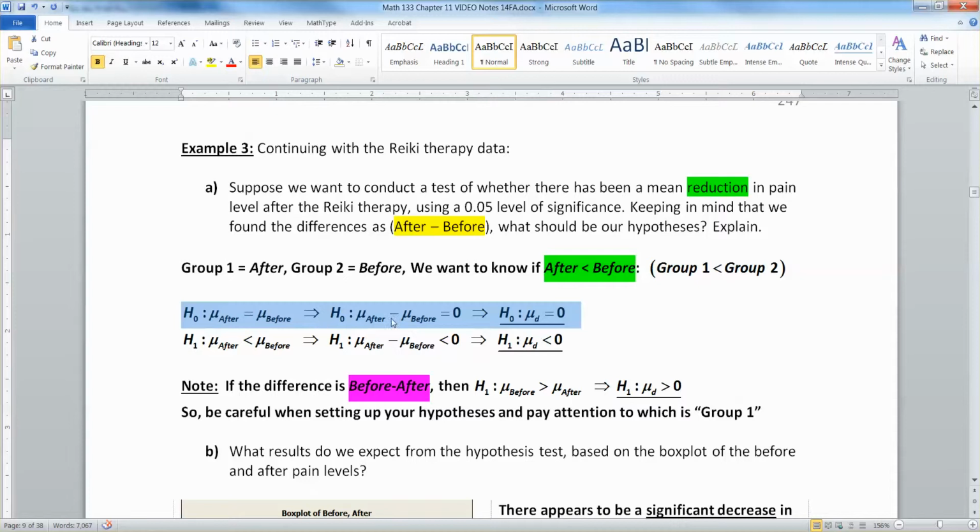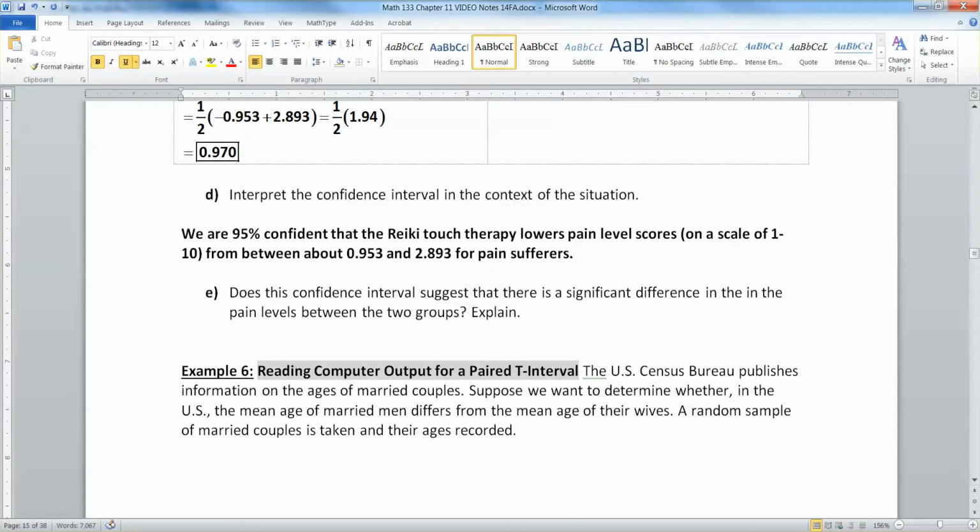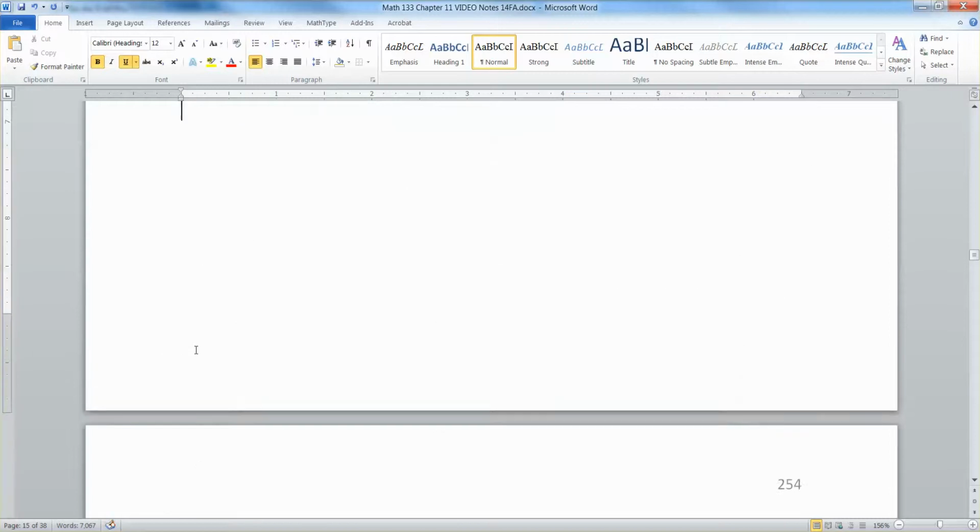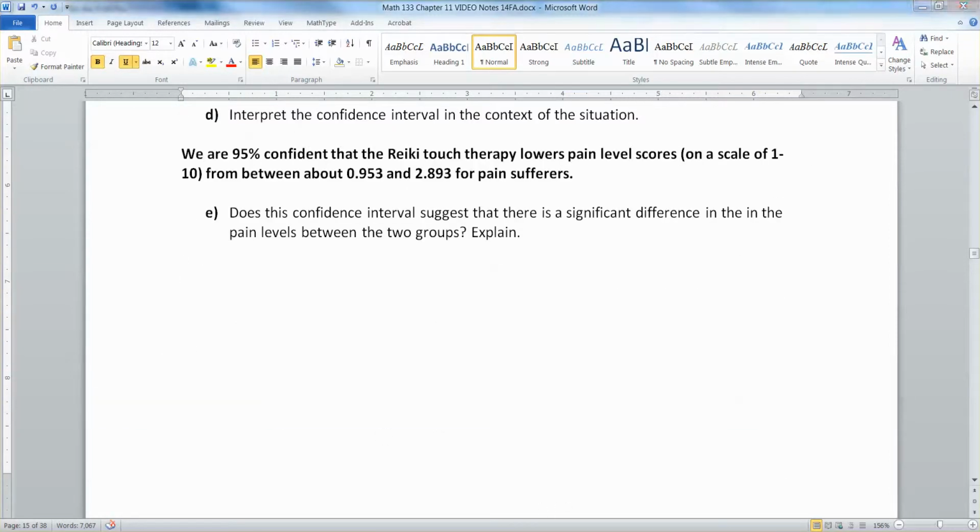If after and before are basically the same, then when you subtract them, you get 0, right? Which means that the difference is basically 0. But 0 is not in our confidence interval. If 0 was in our confidence interval, we'd be supporting that null hypothesis. But since 0 is not in our confidence interval, that means that it supports the alternative, that there is a significant difference. So that's going to be a little bit complicated to type up. Let me work on that, and I'll be right back with it all typed up.